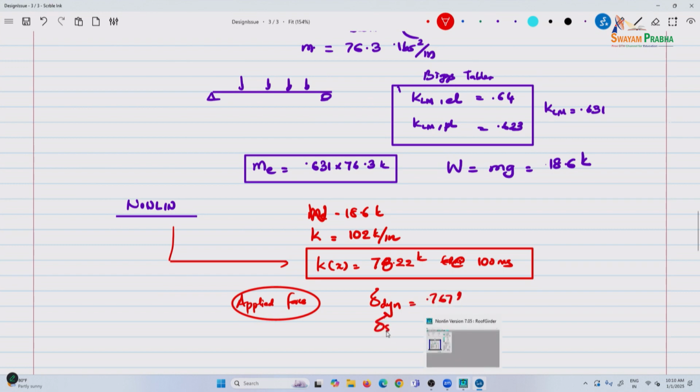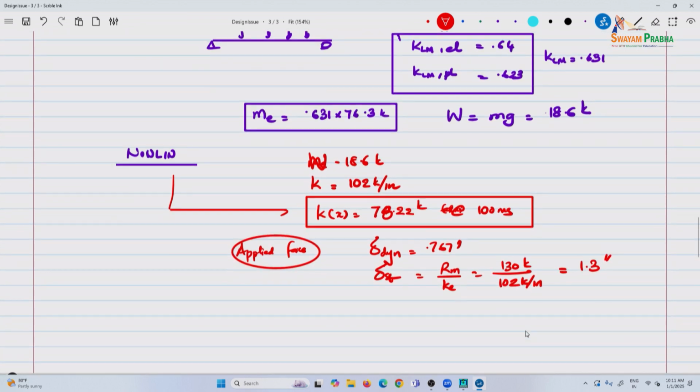The delta static, this is Rm by Ke, this is 130 kips divided by Ke, which was 102 kips per inch. So, 130 by 102, how much is this? 1.3 roughly.